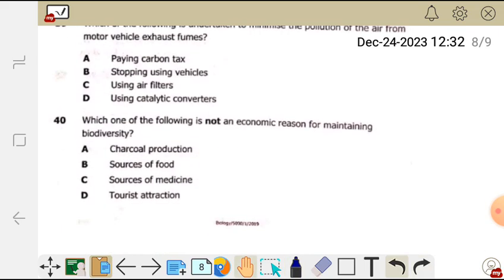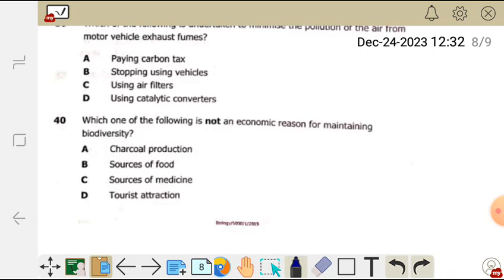Question 40. Which one of the following is not an economic reason for maintaining biodiversity? A. Charcoal production. B. Source of food. C. Source of medicine. D. Tourist attraction. So the one which is not economical is source of food.